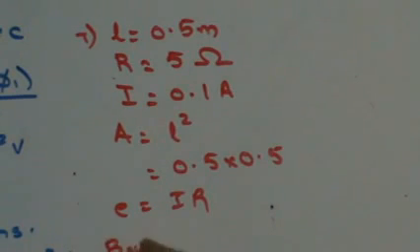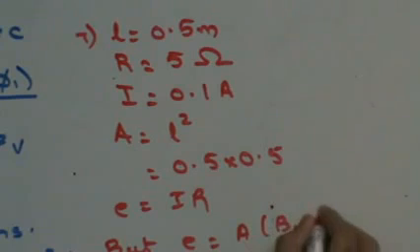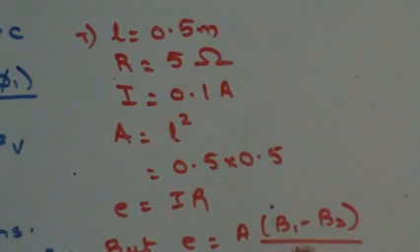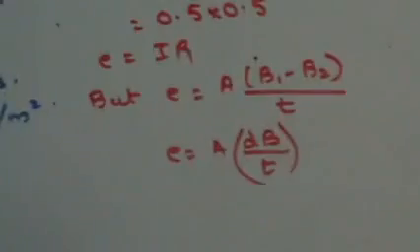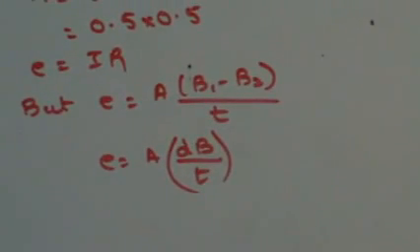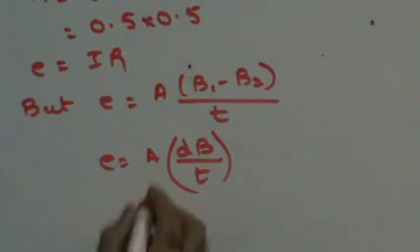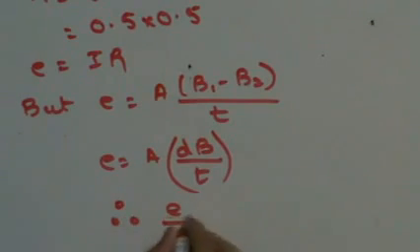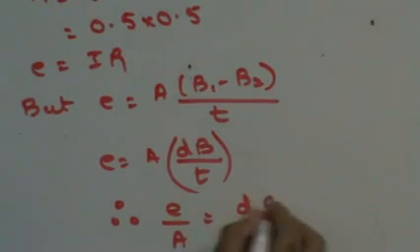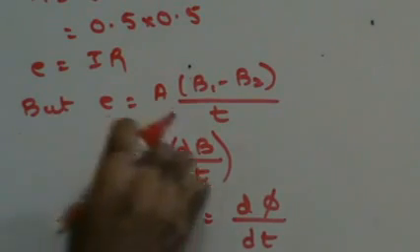But we know that EMF is equal to A times B1 minus B2 upon T, which could also be written as A times change in magnetic field upon T. In which case I can say that E upon A is change in magnetic field upon change in time, dB by dt.